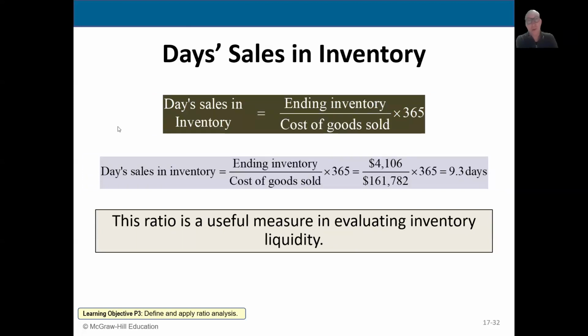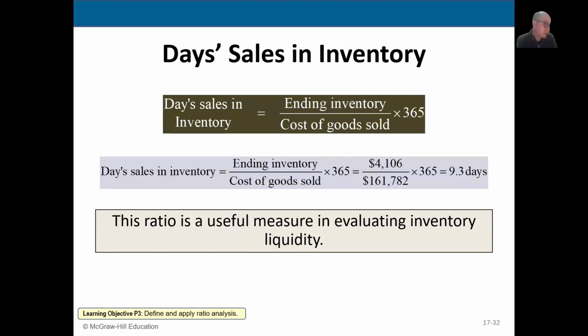Ooh, this one's good. The number of days sales in inventory. This tells you how long the stuff's been sitting on your shelf. We take ending inventory balance, divide by your cost of goods sold, times 365 days.